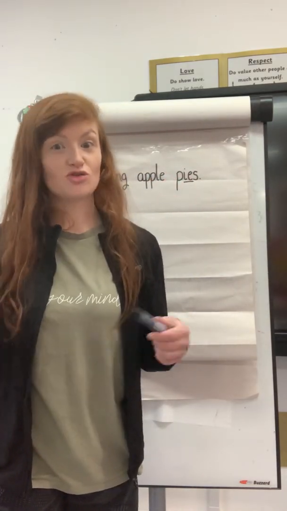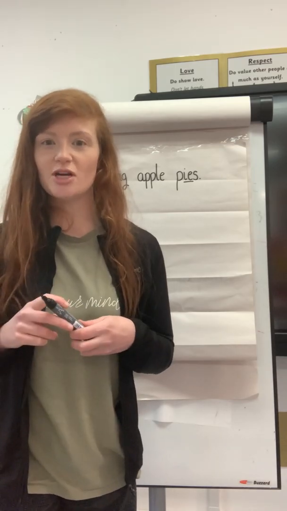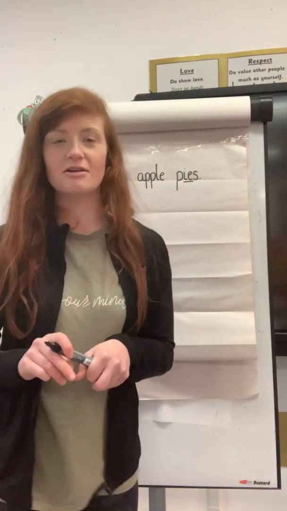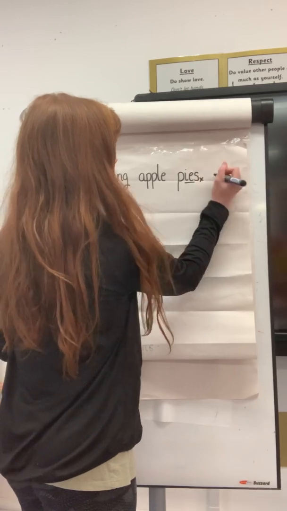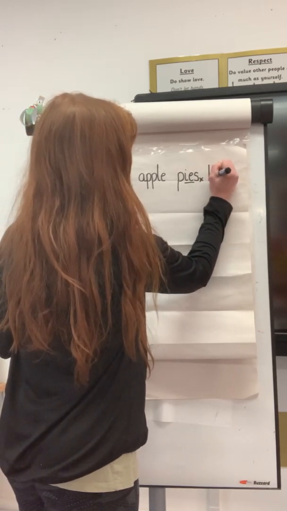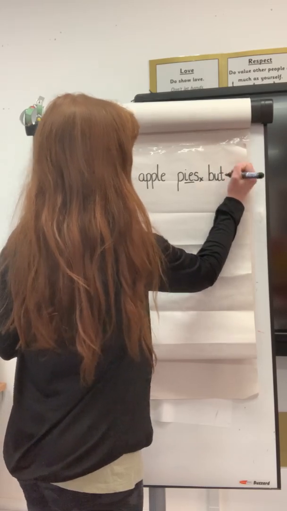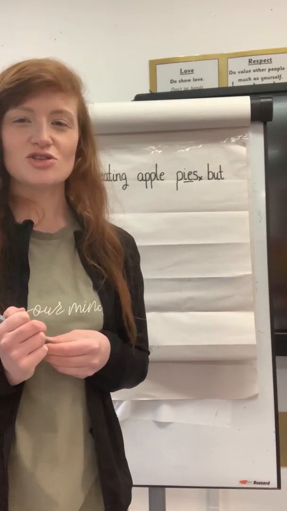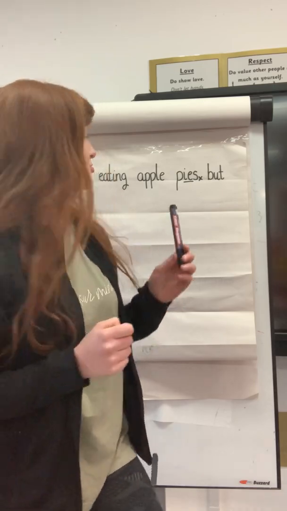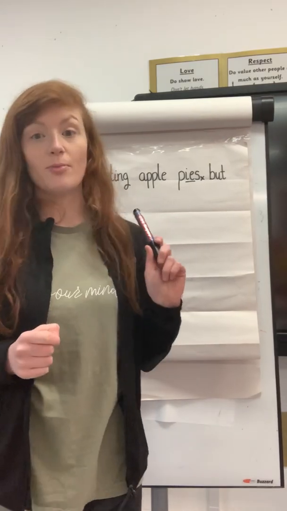Now, again, we're going to try and extend it today with a different conjunction. We're going to use the conjunction but. So we need to get rid of that full stop. We're going to place our but in there. And I want you to think of how you could extend that sentence using the conjunction but. So, for example, I like eating apple pies, but I can't eat too many or I'll get sick.